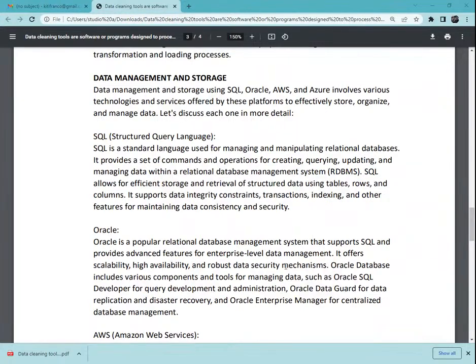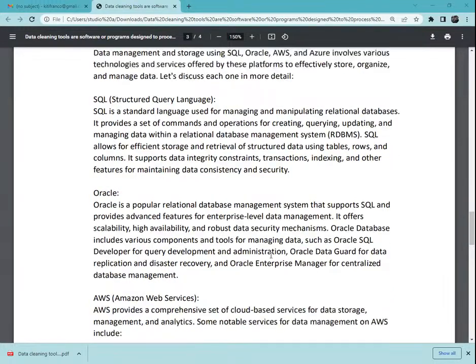Oracle is a popular relational database management system that supports SQL. It works under the SQL principles and provides advanced features for enterprise-level data management. It offers scalability. This is a good thing with Oracle: you buy this system when you are, for example, RCM Online College, and when we go back to some physical classes and keep growing, Oracle is very good for scalability.